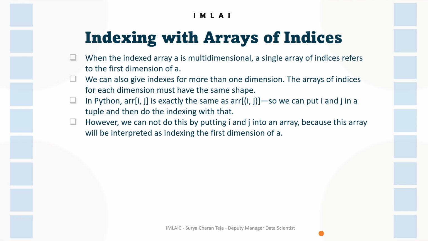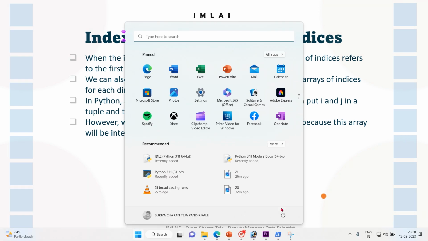However, we cannot do this by putting I and j into an array, because this array will be interpreted as indexing the first dimension of A. You cannot directly put this into the array.